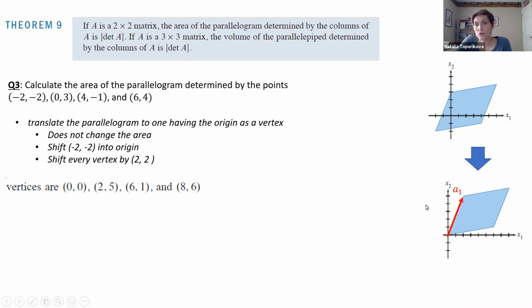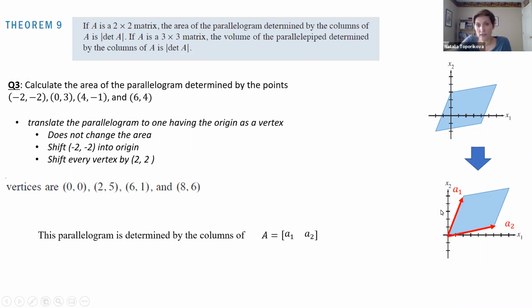Okay, so now we can look at the edges of our parallelogram as vectors, A1 and A2. Since we know the vertex coordinates of both A1 and A2, we can make a matrix consisting of these two vectors.